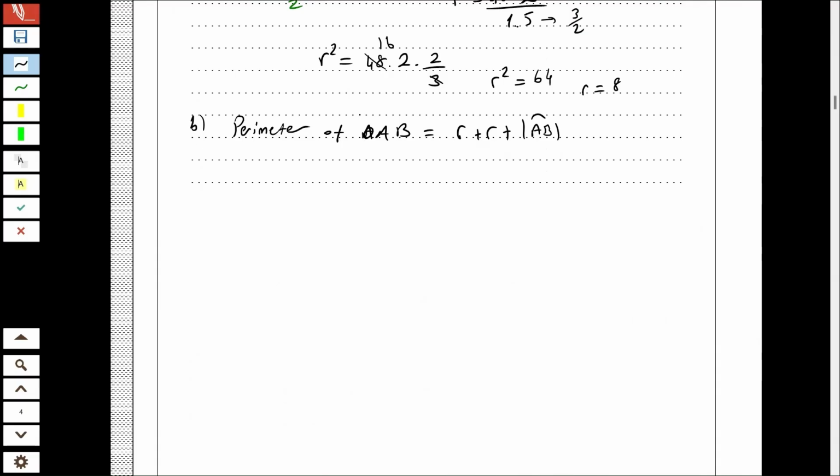So what is the length of the arc? This will be theta times R, which is 1.5 times 8, and it equals 12. We can write from here that the perimeter is 2R, which is 16, plus 12, and it's going to be 28.